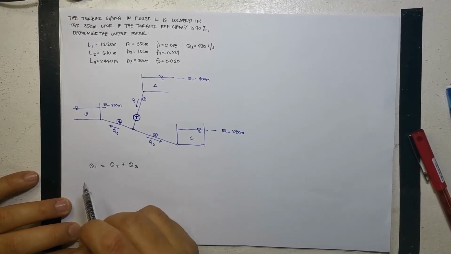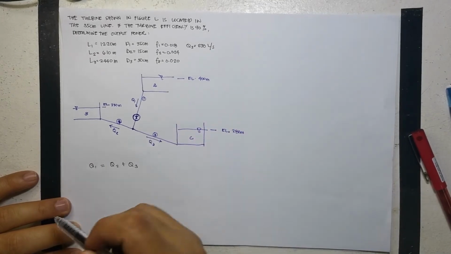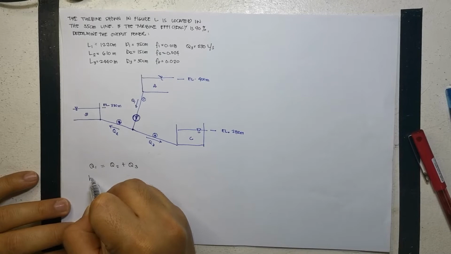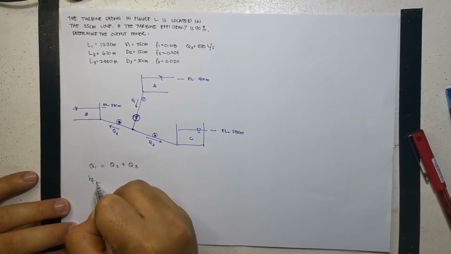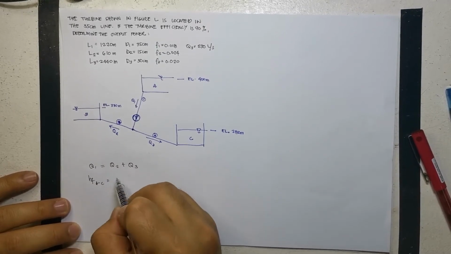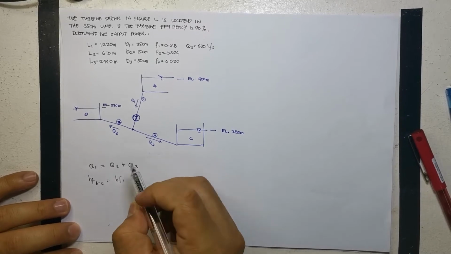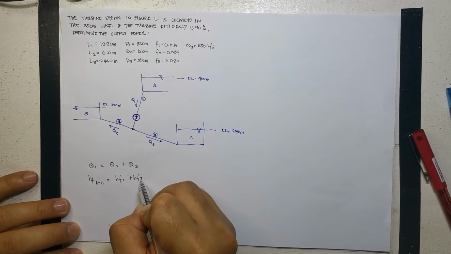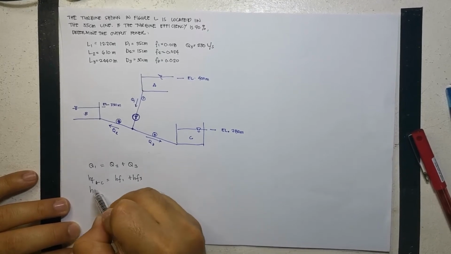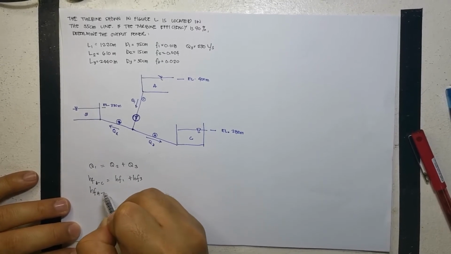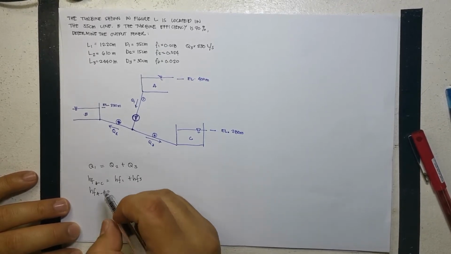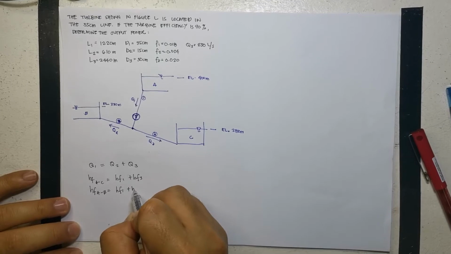Pangalawa, alam natin na yung head loss from A to C, HF from A to C is equal to HF1 plus HF2 plus HF3, no? Kaya magagamit natin to pag ginamit na natin yung Bernoulli energy equation. So meron tayong HF1 plus HF3.